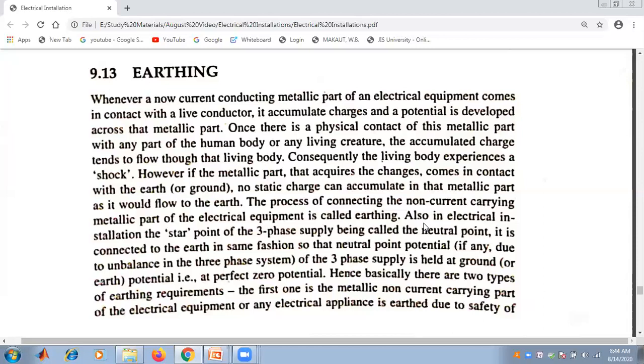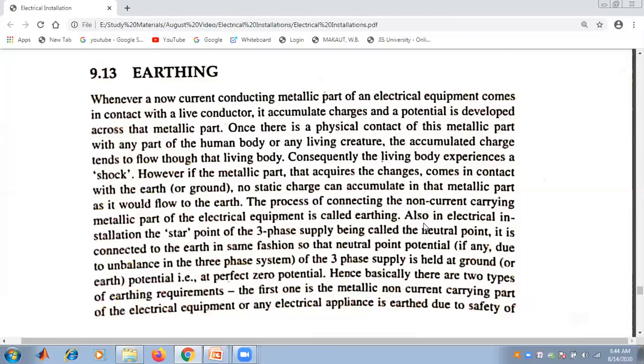As a result, that metallic part accumulates charge, and a potential is developed across it. Once that metallic part comes in contact with a human body or living creature, there is a tendency of that charge to flow through the living body.